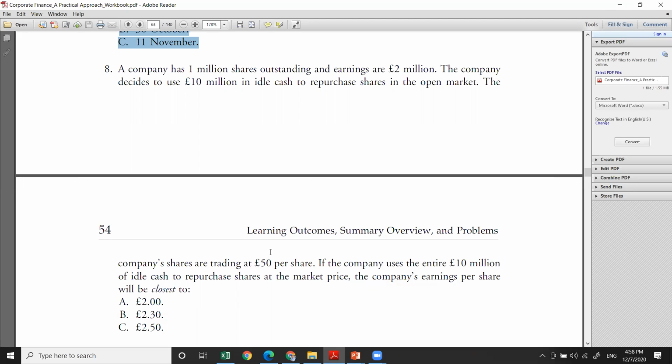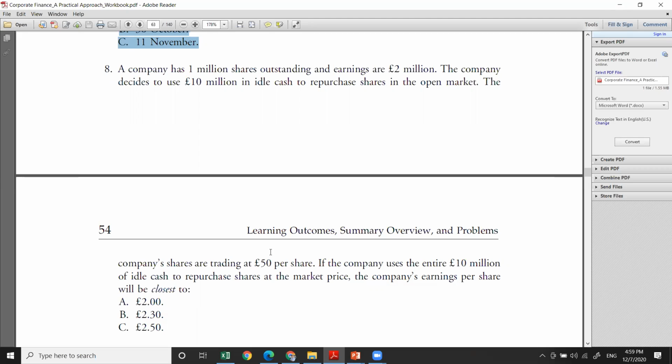So we need to calculate earnings per share here. First of all, we need to find out how many shares will be repurchased. We know the amount that will be used, and we know the number of outstanding shares as well. Using this 10 million dollars of cash, we will repurchase the shares.